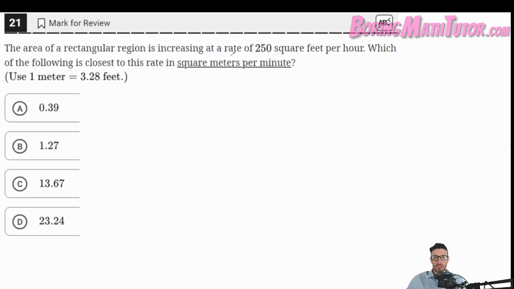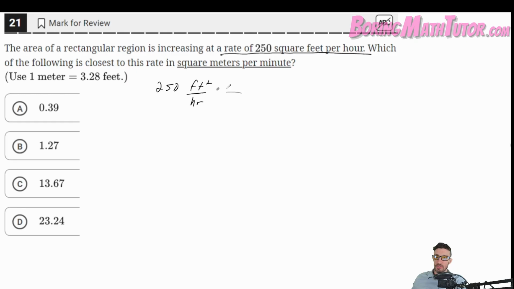This one just wants us to convert units. It's taking a rate of 250 square feet per hour, and it wants us to change it not to square feet, but to square meters, and not to per hour, but per minute. So what we're going to do is take care of trying to multiply this by the right fractions.